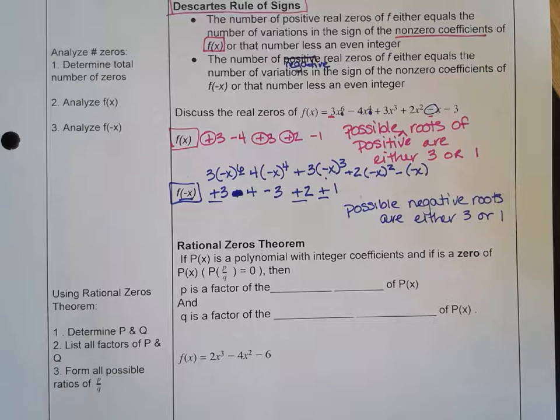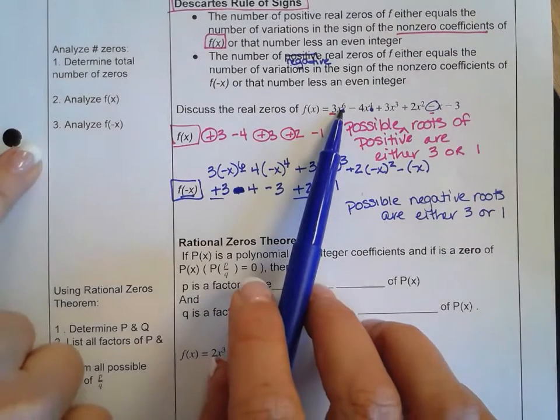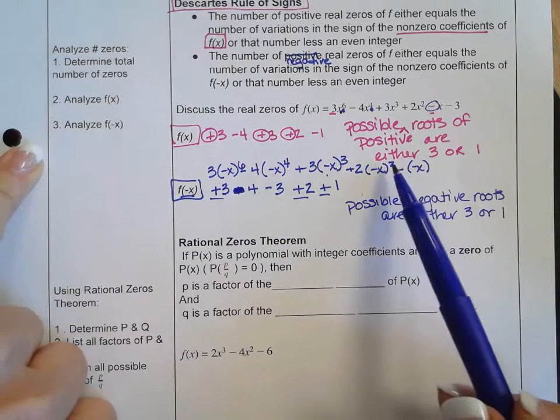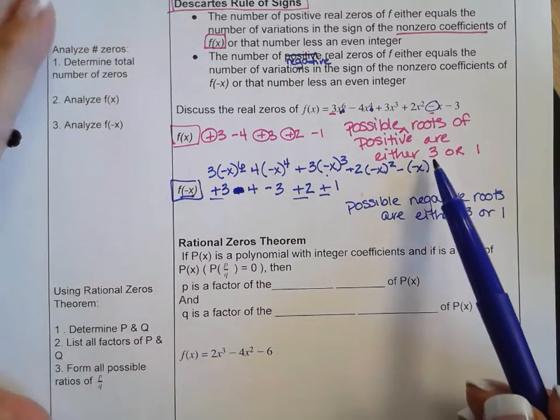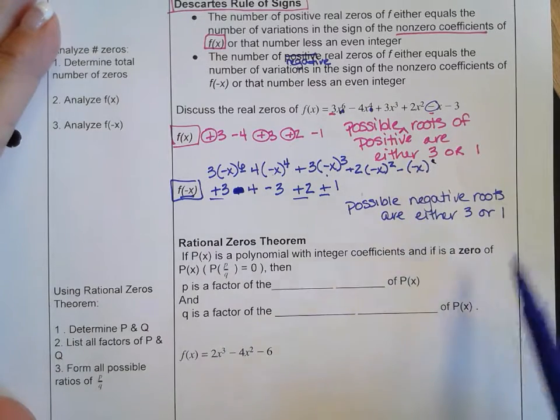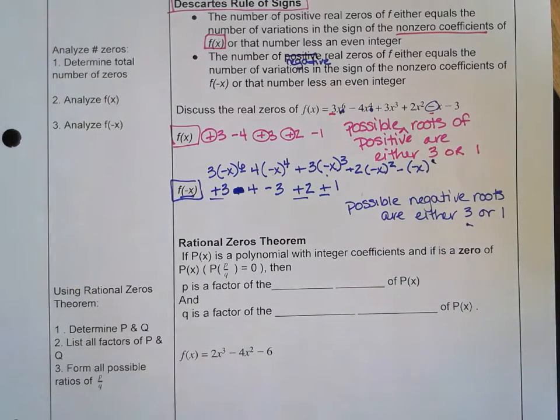Just take the highest one and subtract by 2. And since this is an exponent of 6, it seems logical that I'm going to have 3 positives and 3 negatives, because then that gives me the 6. That makes sense? Okay, that's the rule of signs.